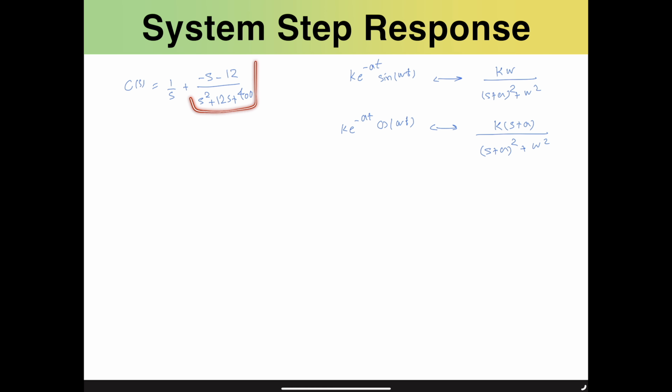We just need to simplify our original term and make it similar to one of these two frequency domain terms. In order to do that, we would need to first make the squared form in the denominator.